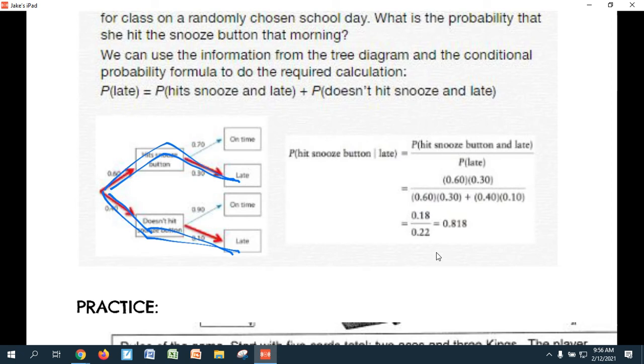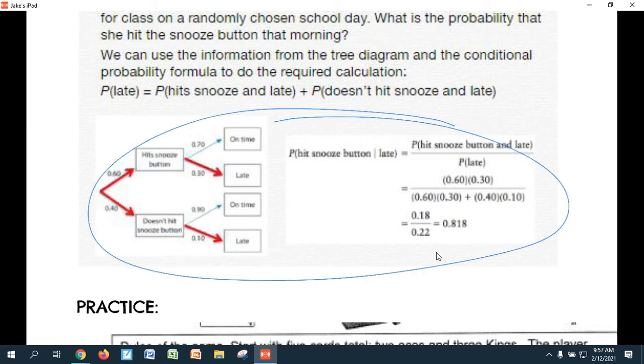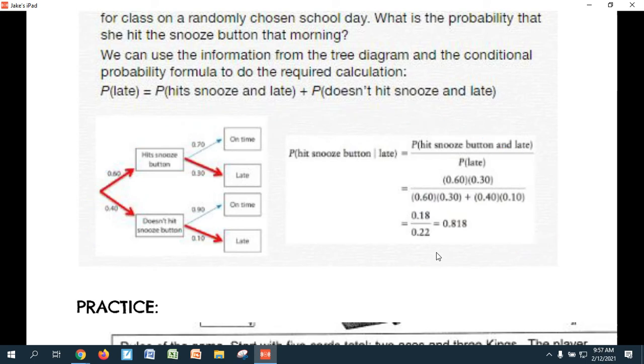All right. Now you can also work backwards from the tree diagram, and that's what this is telling us. This is asking what is the probability that you hit the snooze button given that you are late. What you would do there is figure out the probability that you are late, which is what I just got done talking about. You would put that in the denominator, and in the numerator you would put the probability that you hit the snooze button and you were late.